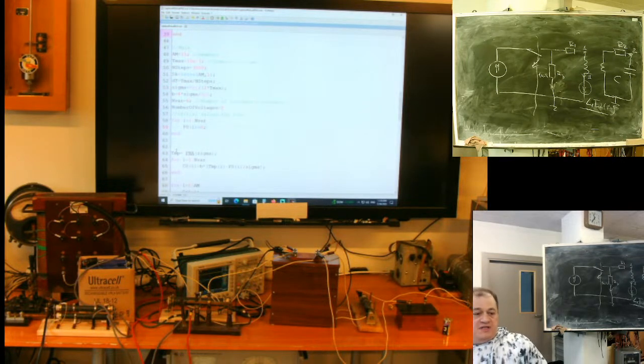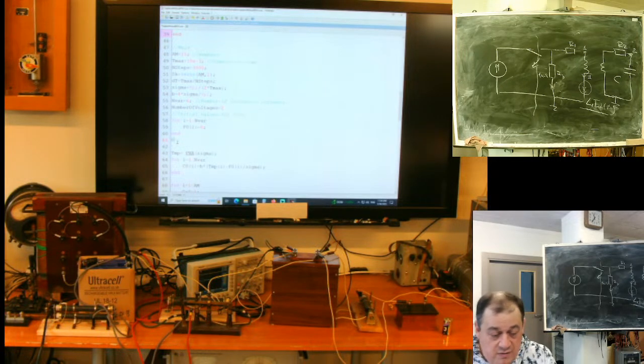I left it 0, but it wasn't 0. That's why I saw these oscillations. For the first node, zero state.